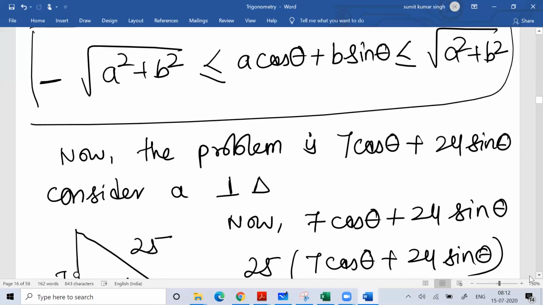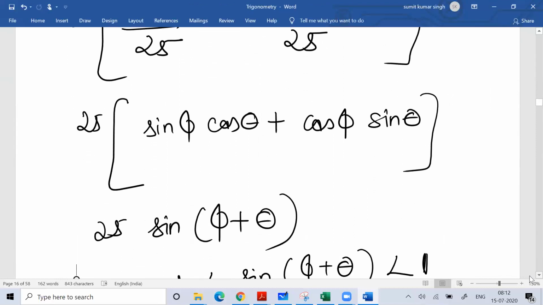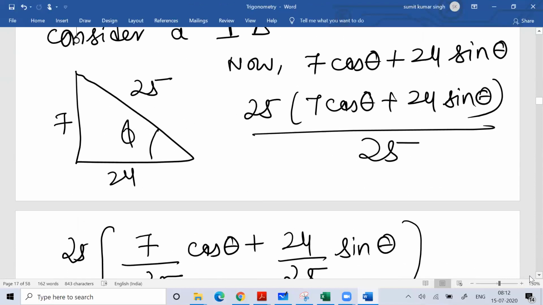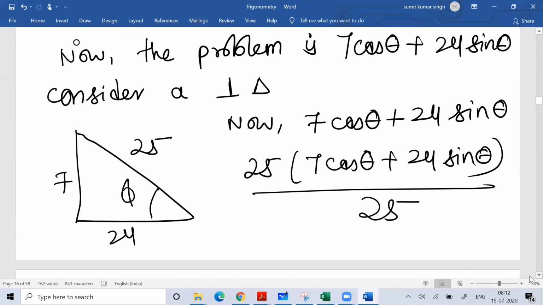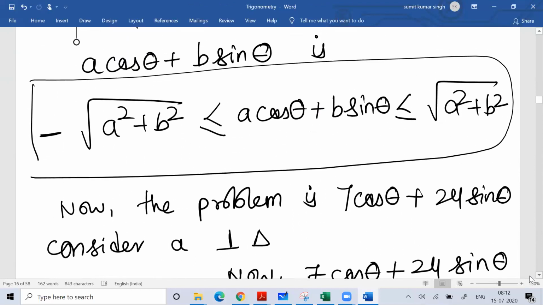If you want a discussion on that part, we can have one. Otherwise, you can simply understand that for this expression the values range between minus 25 and plus 25. This is the formula we use.